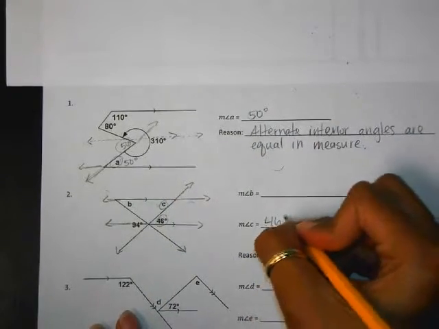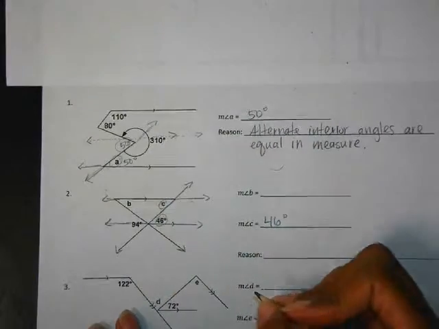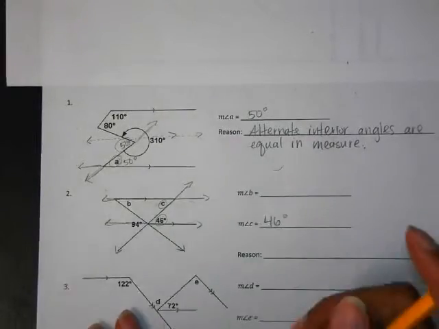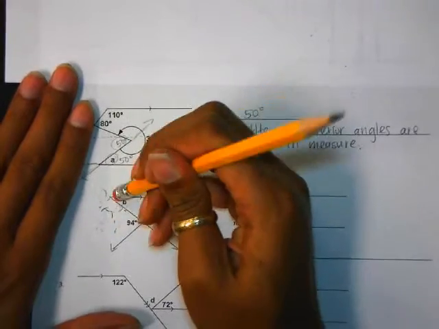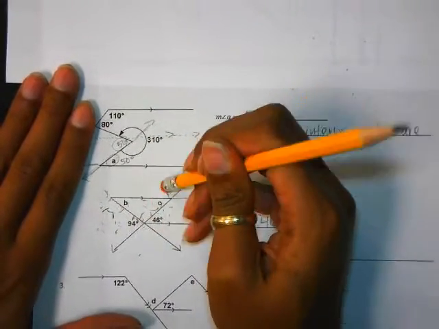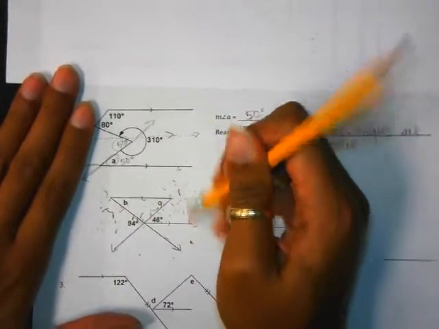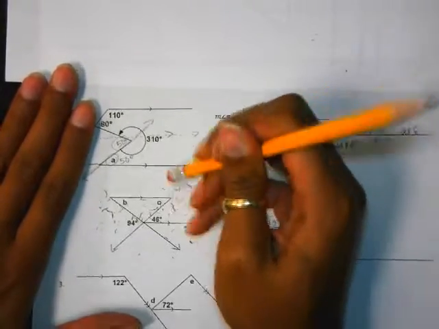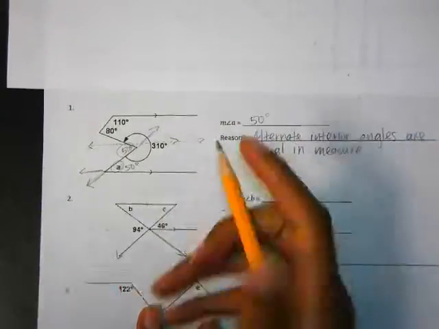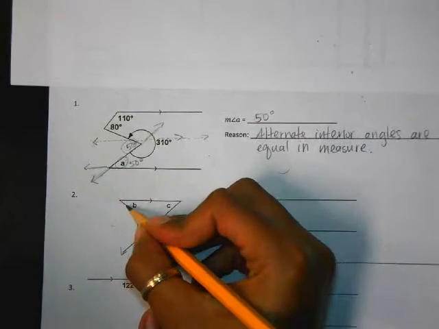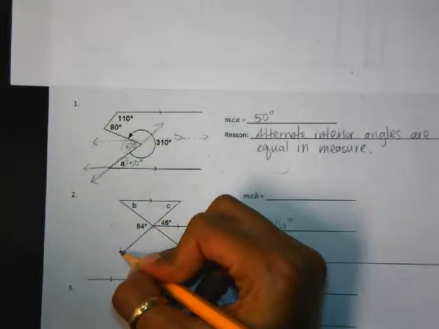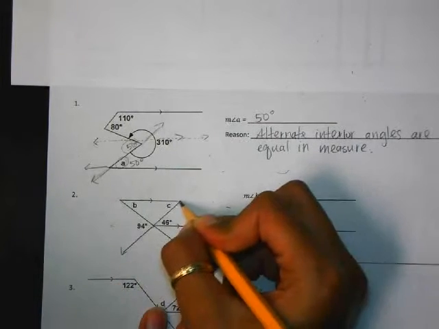Now we still have to find angle B. So I'm going to erase everything I've done so that we can see the other numbers and see what we can do with those in order to find angle B. Now I'm going to focus on this little point right here. And I notice that this angle right here is 94 degrees. And this angle right here is vertical to this angle.